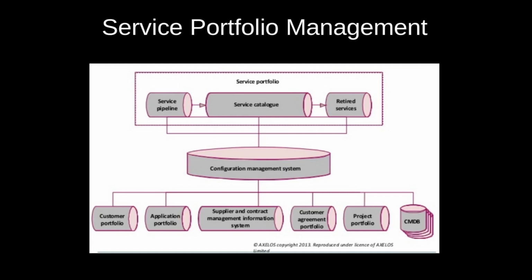And finally, the customer management databases, which hold all of the information for your relationship management, which we'll talk about more. So we're going to create and manage this service portfolio, and I'll talk more about how we'll do that in a moment.